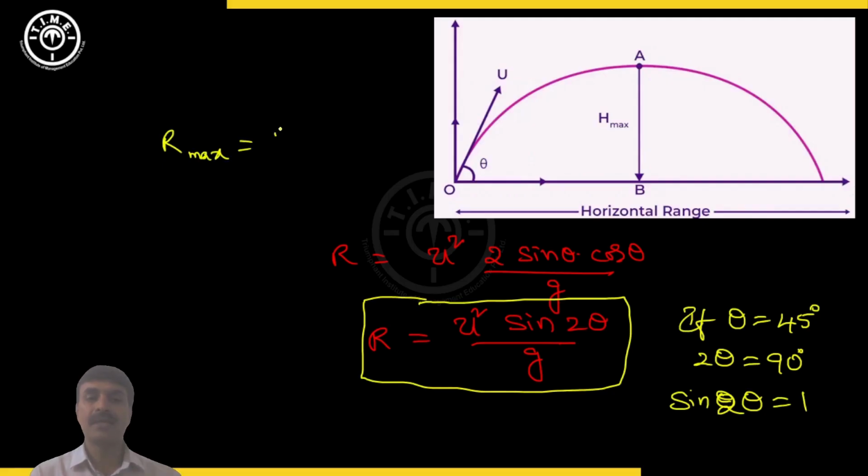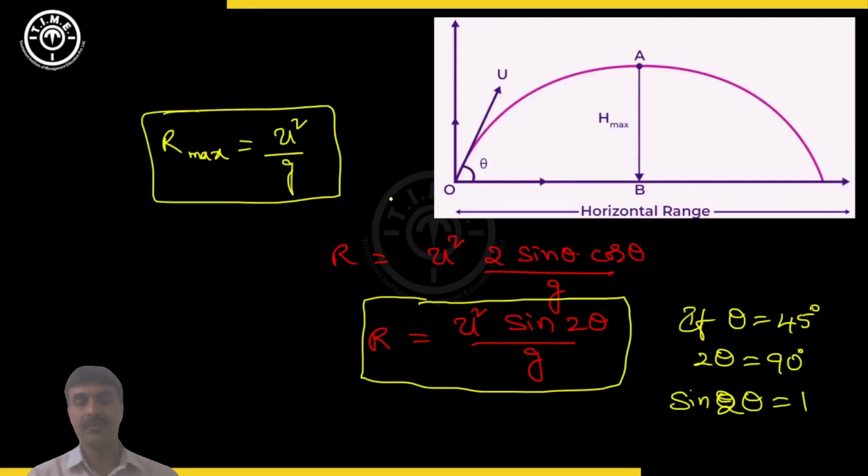So maximum range is u square by g, the maximum range of a projectile. So projectile attains its maximum range when projected with an angle 45 degree. That can be with the horizontal or with the vertical. 45 degree is the angle of projection. In that case, the range becomes maximum.